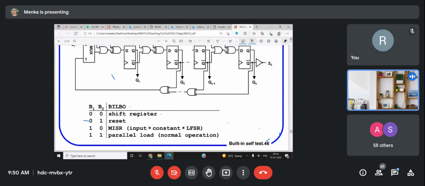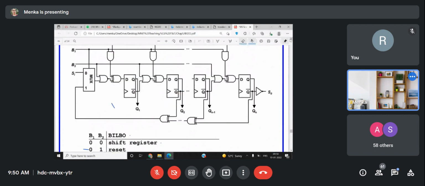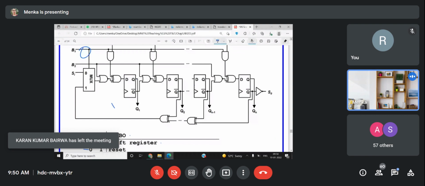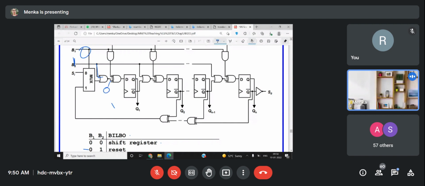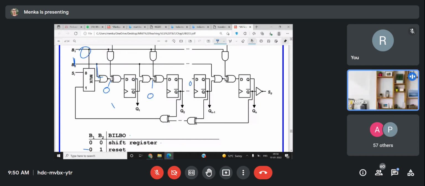So how is it going to reset? Let us have a look at this. 0 is this. It means the selection is 0, and this is 1. So if this is 1, irrespective of everything, what will be the output of NOR gates? 0, right? Because this B2 is 1 and this is 0, so from here you are getting 0.